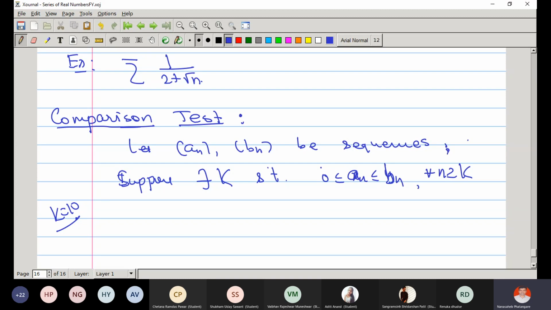But it may not be true for a9 and b9, or for a8 and b8. But after that k, it is true, right?